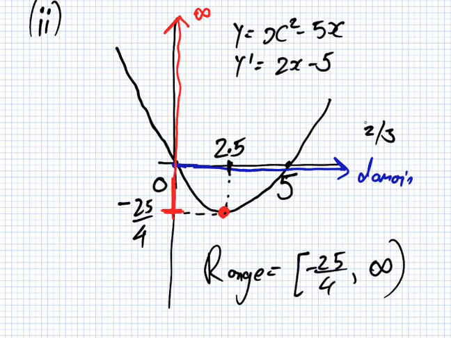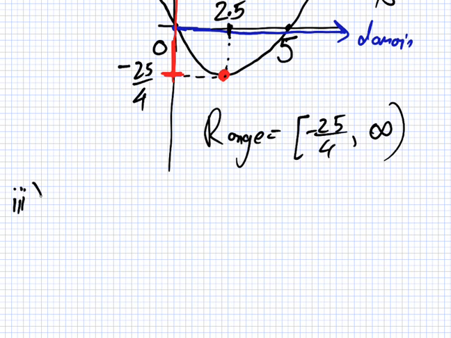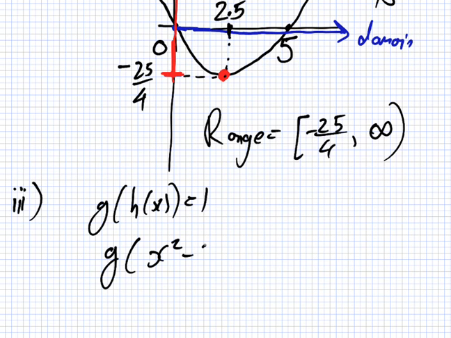Lastly is solve GH equals 1. So last piece of business here for this question, solve for G of H of X equal to 1. So H is x squared minus 5x, and G is e to the power x plus 4.